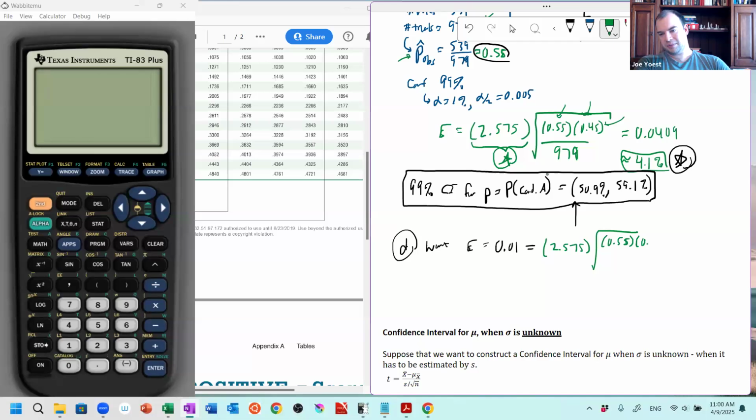But we already have a reasonable guess at what we think p-hat observed is, so we'll use that guess. So 0.55 times 0.45, and then over n, and we want to figure out what n needs to be to make our actual margin of error at most our desired margin of error of 1 percentage point. I see I can divide by 2.575 and square both sides.